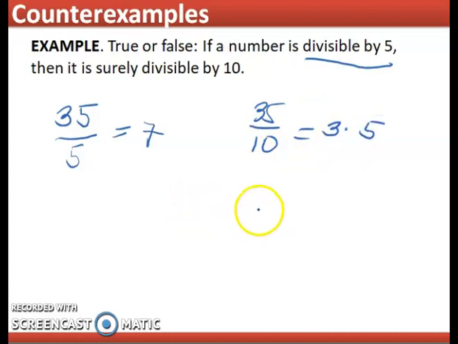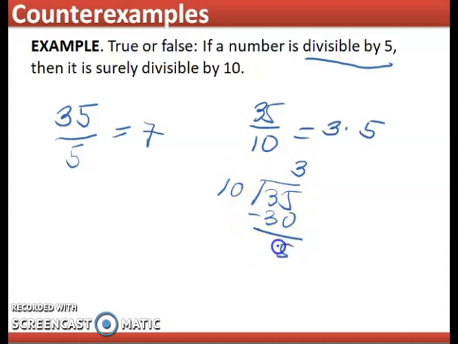No? So when you divide by 10, that is 3, so 30, then minus. So you have a remainder here, no? A remainder of 5.